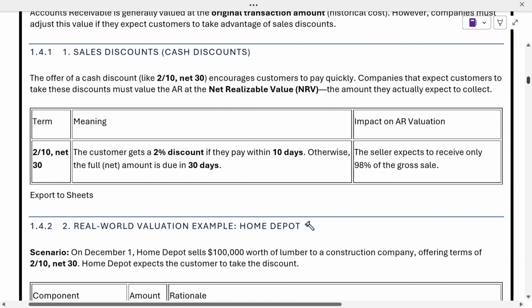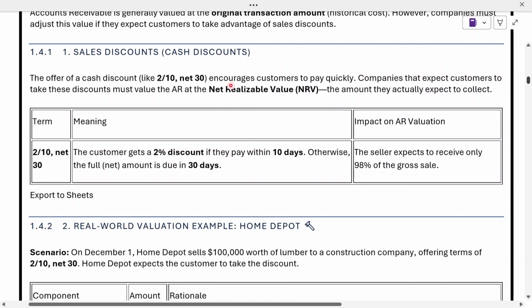It means there will be a 2% discount if the payment is made within 10 days. Otherwise, the last day to pay is the 30th day. So it's a 2% discount if the payment is done within 10 days. If the customer pays after 10 days but within 30 days, there will be no discount. And after 30 days, there is no option to delay the payment. So this is what the language looks like.